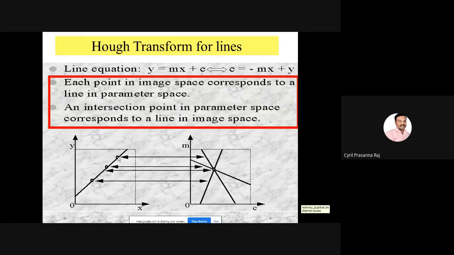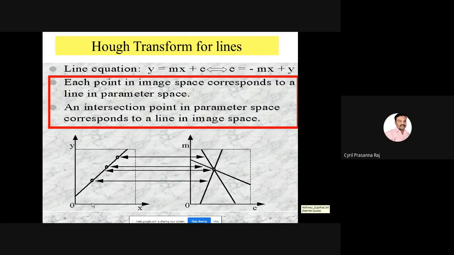This point on the straight line could be a straight line in the parameter space. Similarly, this point on the straight line could be a straight line in the parameter space. This point will also be a line in the parameter space. But since all these points are on a straight line, all these lines in the parameter space intersect at one particular point.